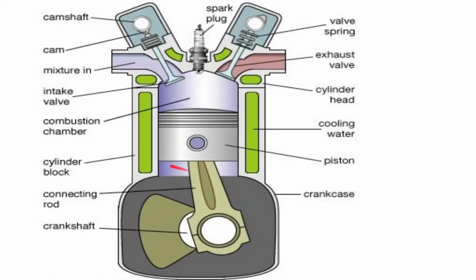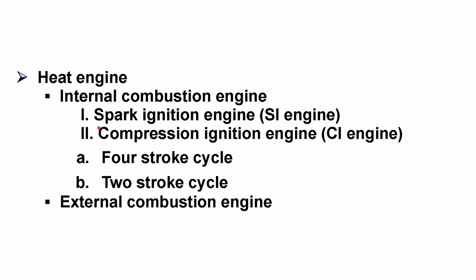Let me define spark ignition also. A spark ignition engine generally uses gasoline or petrol as its fuel, and over here we have a spark plug which will ignite the fuel, because the petrol which we use has a very high auto ignition temperature, and the compression is not enough to raise its temperature such that it will auto ignite.